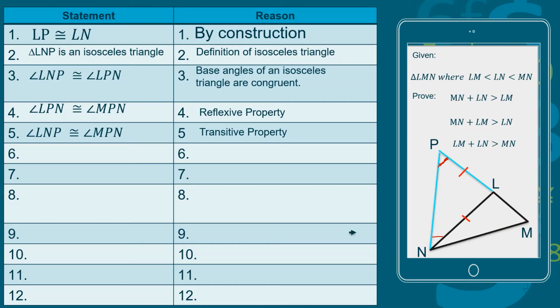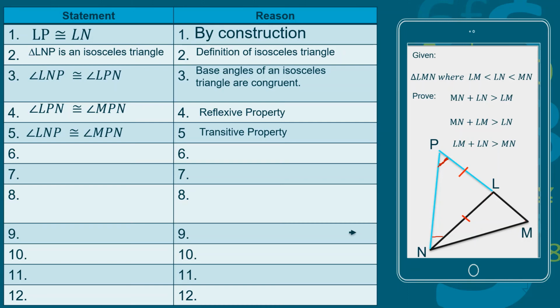Okay, for the next statement, from the given illustration, the measure of angle MNP is equal to the measure of angle LNM and angle LNP.